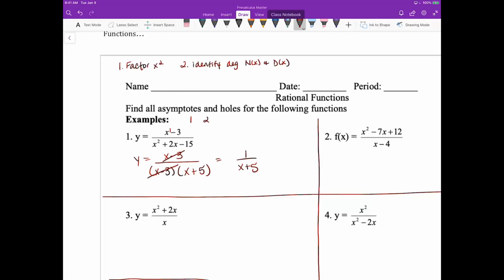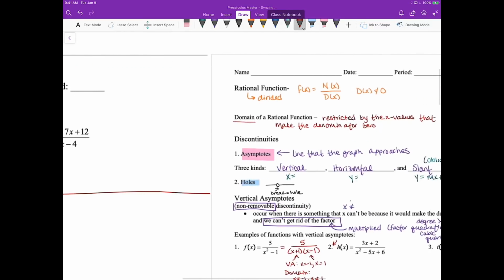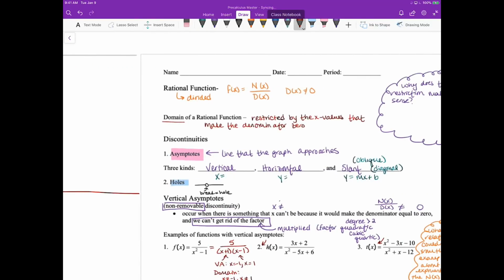And then I look for relationships. I saw that 1 was less than 2, which means we're going to look at asymptotes when it's less.